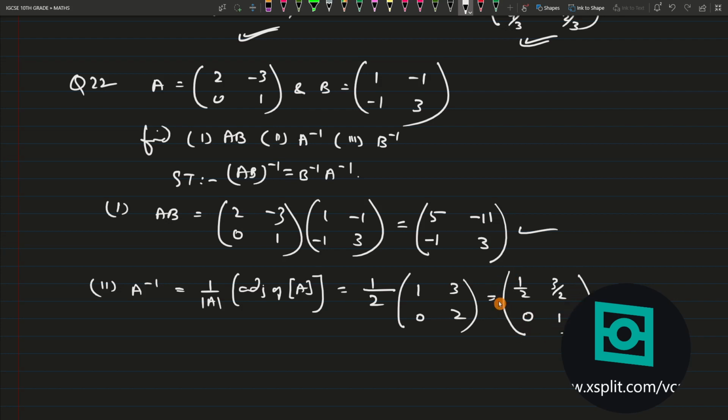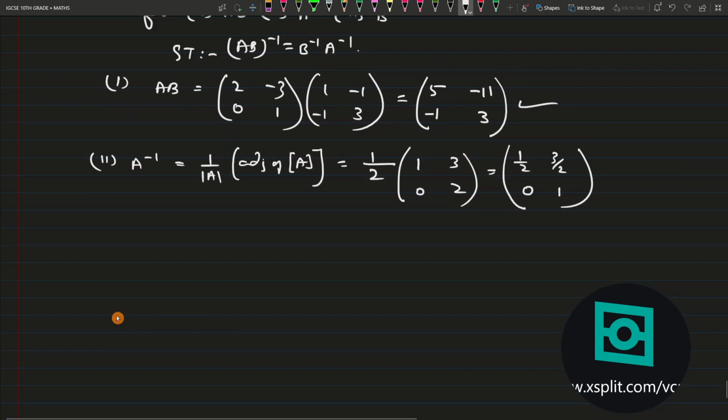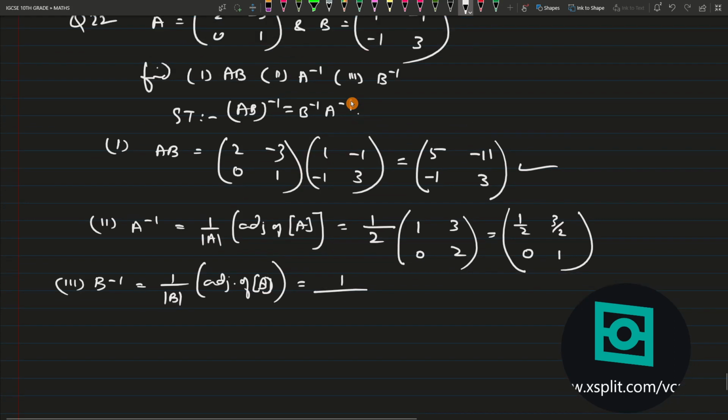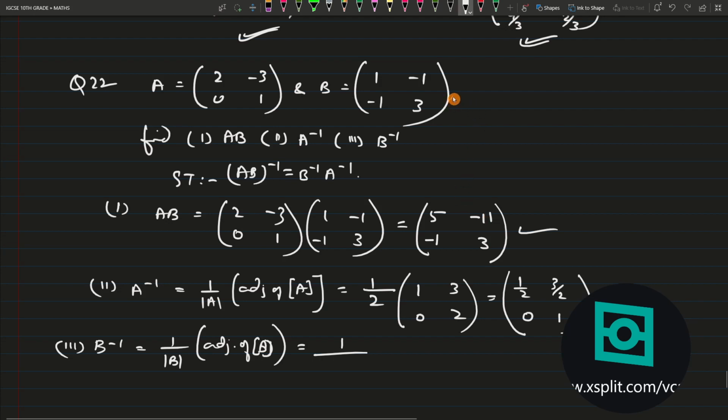A inverse. Now, let us find out B inverse. B inverse, this is the third one. Okay, B inverse will be equal to 1 upon determinant of B times adjoint of matrix B. So what is determinant of B? Now what is B here? B is this one. Okay, this is your B. So 3 ones are 3, minus 1 into minus 1 is 1.